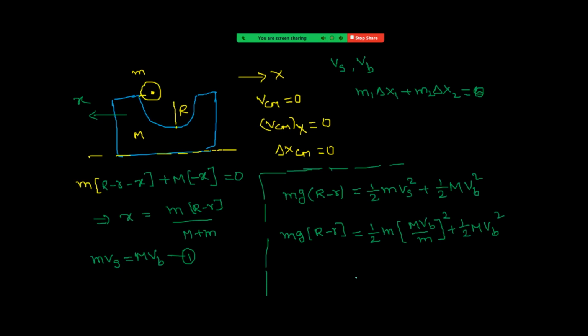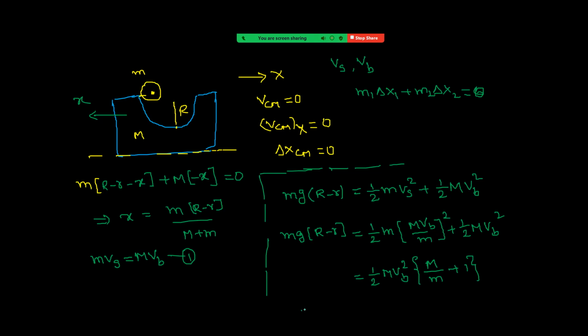I can take half capital M Vb square common. The remaining is capital M by small m. Check it once: one capital M I have taken outside, and one small m here gets cancelled. So capital M by small m plus 1.